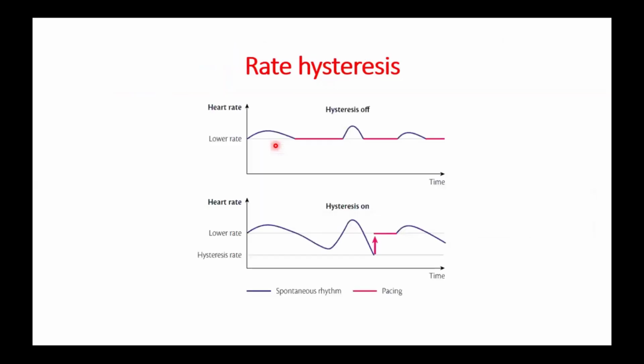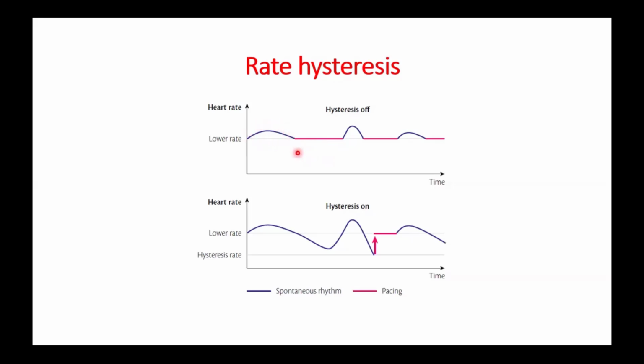This is what we call hysteresis. As you can see in this diagram, when hysteresis is off, the blue line is the intrinsic rhythm and the red line represents the pacing rhythm.